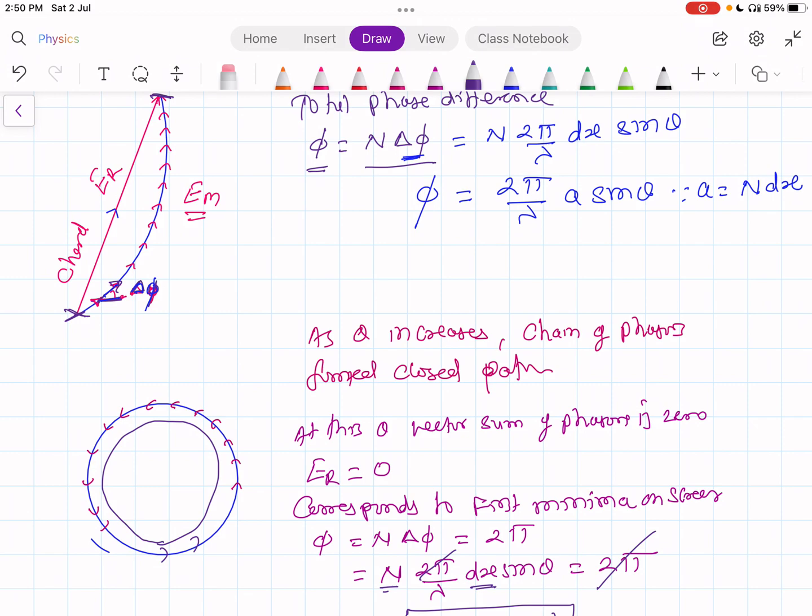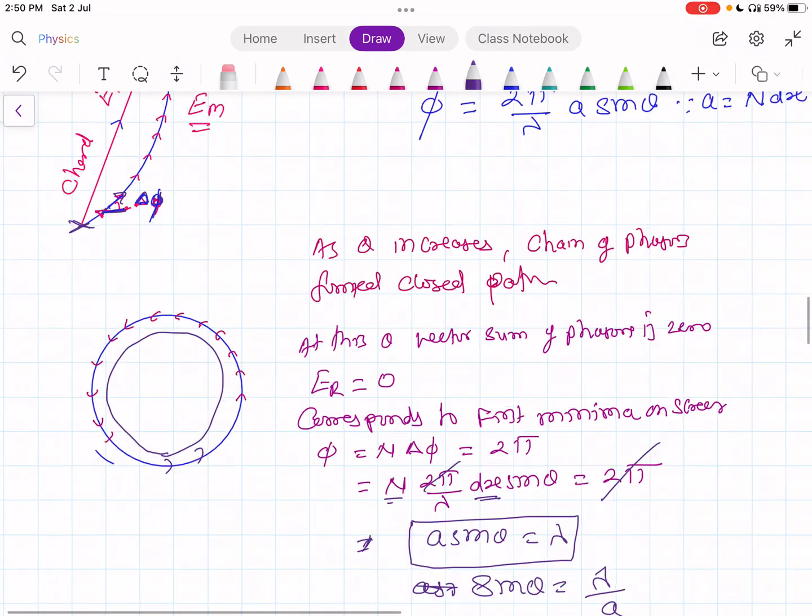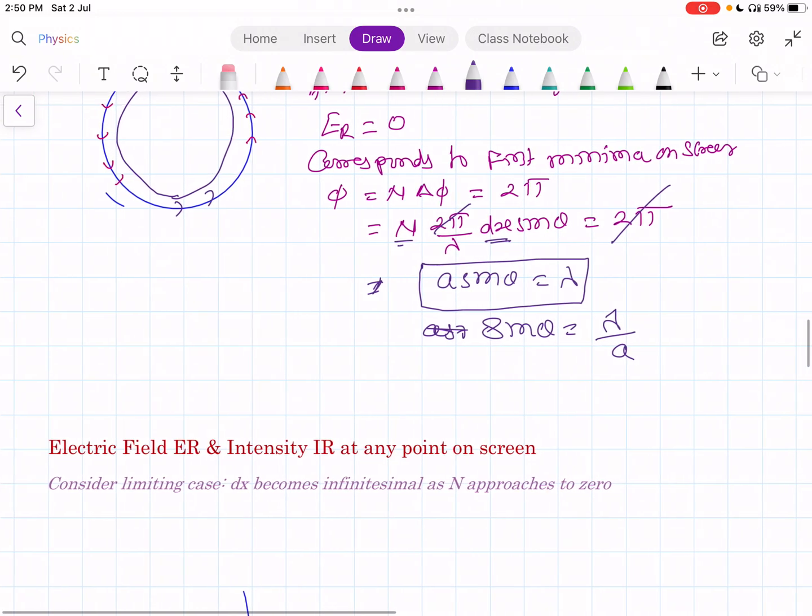Now let us find the total electric field and intensity at any point on the screen. We will now derive the equation for the total electric field, say electric field ER, and intensity IR at any point on the screen.